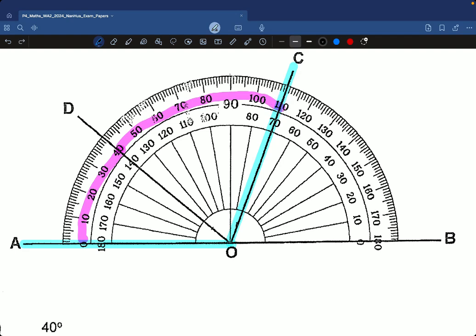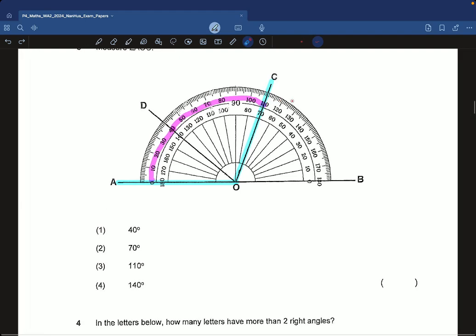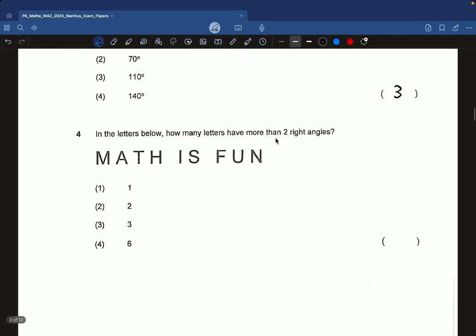And this number, if I zoom it in, is 110 degrees. That's what I see over here. So that means this is 310 degrees. All right, let's move on to the next question.